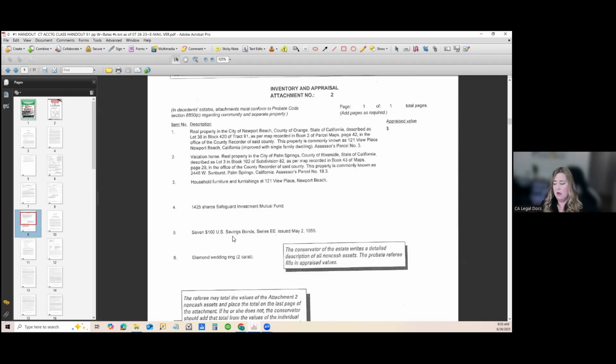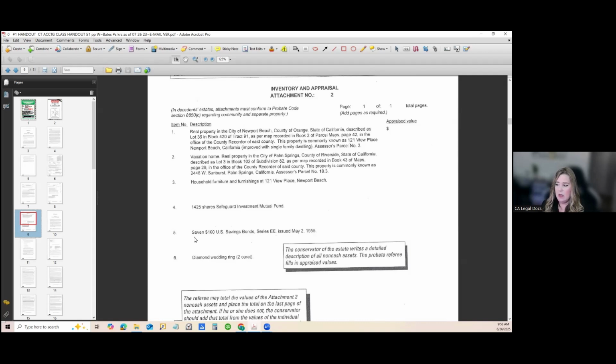Moving on, we have in this case 7 bonds in a series. You are never allowed to list "7 $100 savings bonds, series EE, and date of issue." You must list each one separately. They will have separate serial numbers.